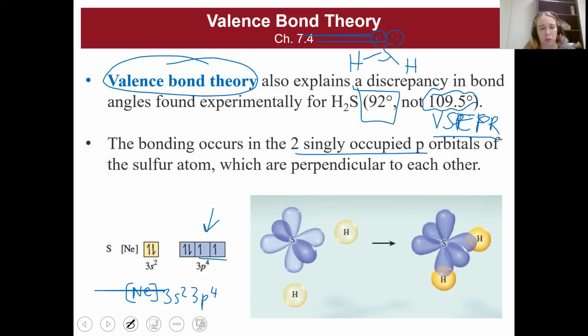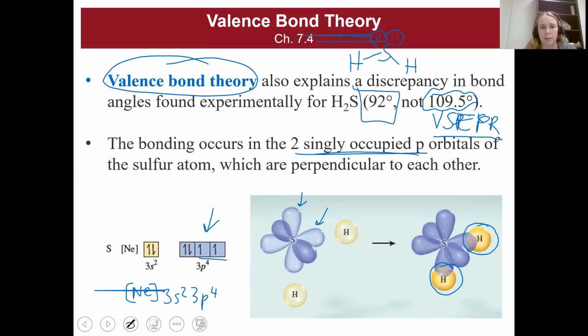Those electrons spread out so that they're in different p orbitals. Those are the light blue p orbitals shown here, one in the x direction, one in the z direction, I guess. So we have two of those for hydrogens to bond to. We have an overlap of our 1s hydrogen orbital and our 3p sulfur orbital, and then another one on the other singly occupied p orbital.